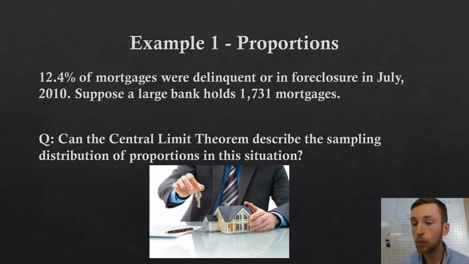Whenever you see that, we are basically asking, can we use the normal curve to answer some questions about this down the line, okay? And to do that, we just have to check our conditions. So we have our p hat, or our proportion is 12.4%. And then we have our sample size of 1,731. And we want to know, using that, can we use the central limit theorem? Can we use our normal curve?